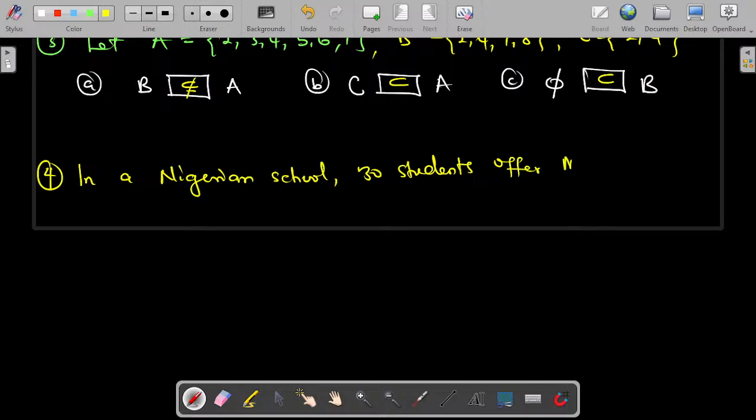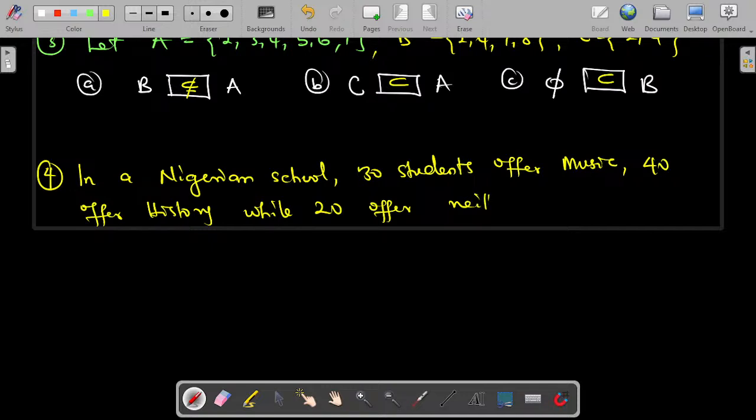So 30 students offer music, 40 offer history, while 20 offer neither music nor history. Is it neither or neither nor? It should be neither music nor history. Or goes with either and nor goes with neither.